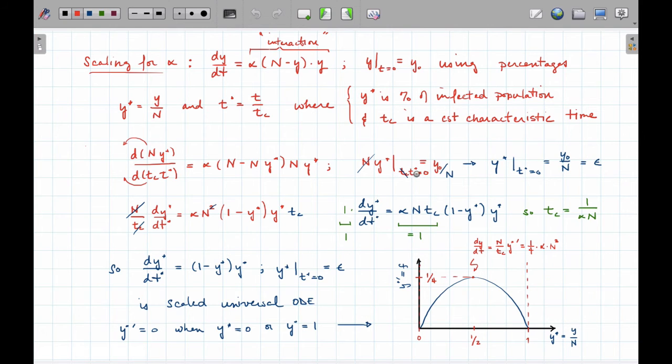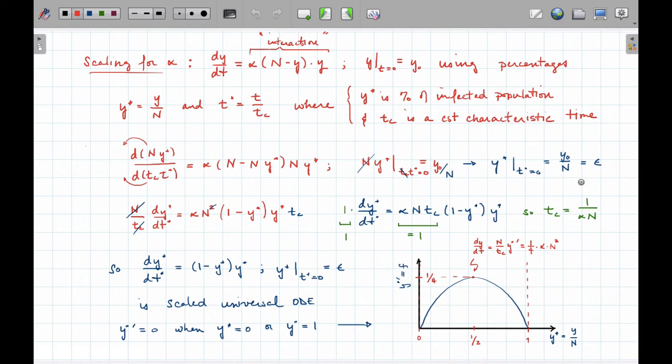If I divide both sides in the basement here by tc, 0 on tc, whatever tc is, that's still 0. So when t is 0, t star has to be 0. So y star at t star equals 0 is now, dividing through by n on both sides, y naught on n. This is a dimensionless percentage. In fact, it's the initial percentage of the population that is infected, the patient zero percentage, so to speak. We should expect that to be a pretty small number in comparison to the total number of people in the population, so we're going to call it epsilon.